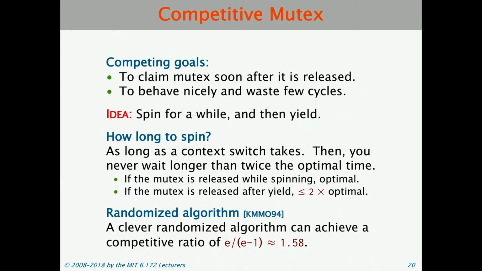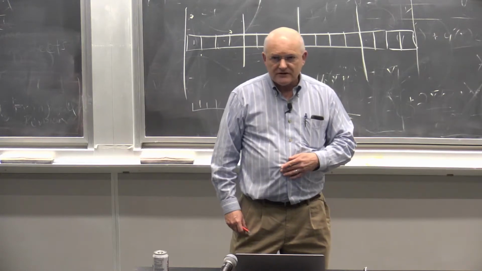So basically at every step you have some probability of deciding at that point to yield or continue spinning. And by using a randomized strategy, you can actually get this to e over e minus 1. Okay, questions about this? So this is sort of some of the basics.